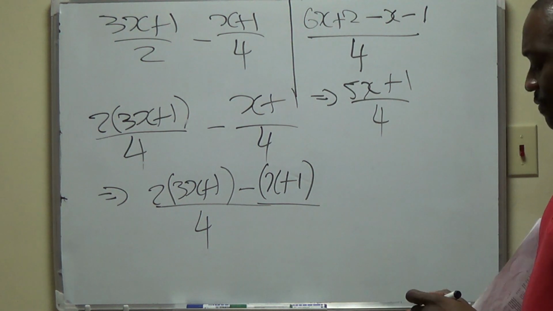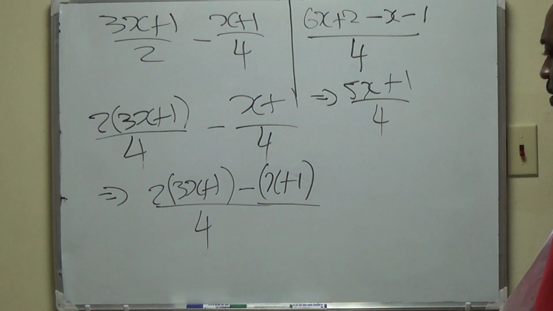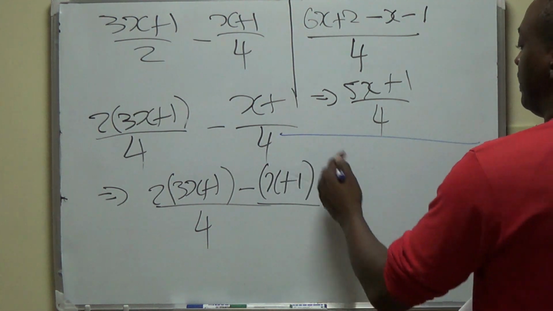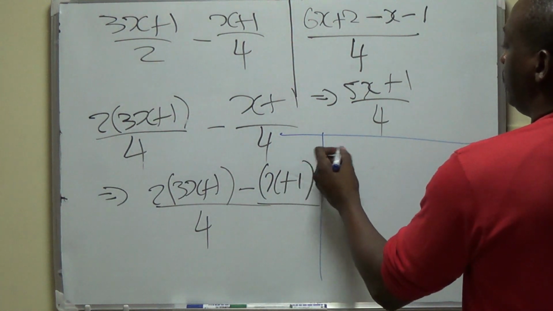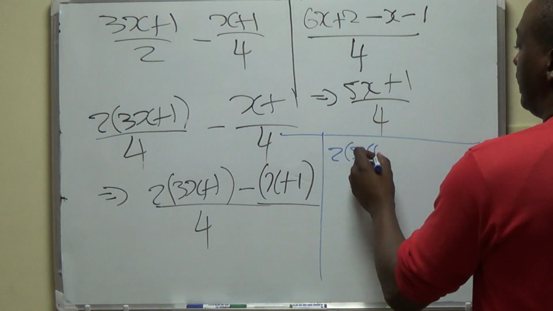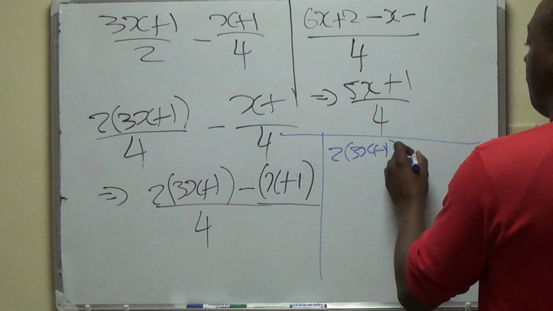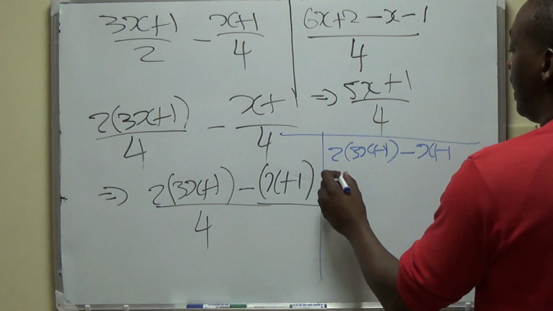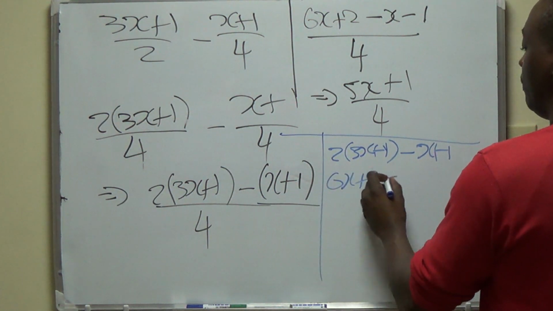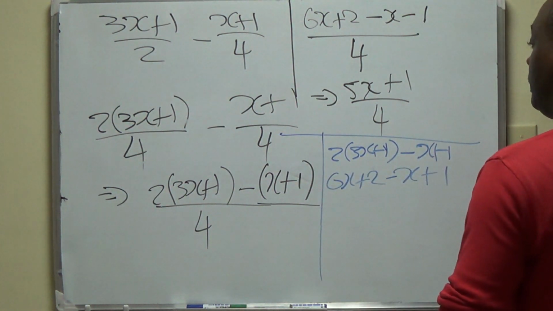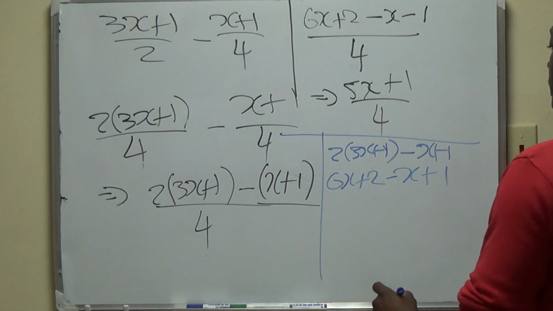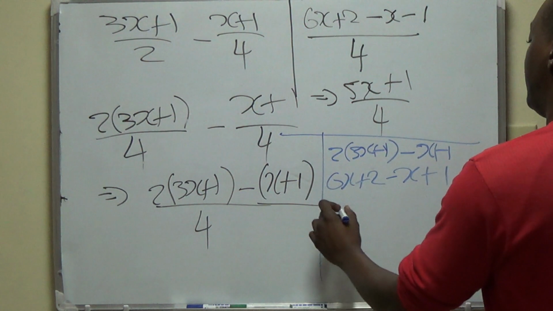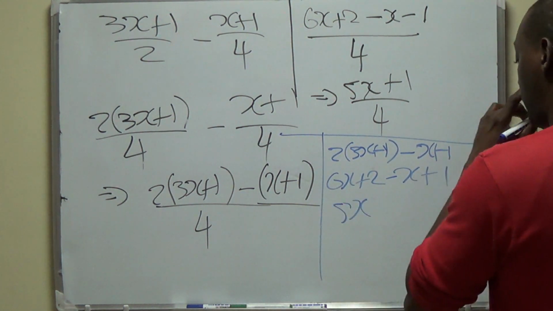Now, if you didn't put the brackets, alright, let us say for argument's sake that you had put 2 into 3x plus 1 minus x plus 1, which is what a lot of people would do. Then what you will have will be 6x plus 2 minus x plus 1, which would be, you'll get now 6x minus x will be 5x. 2 plus 1 is 3.